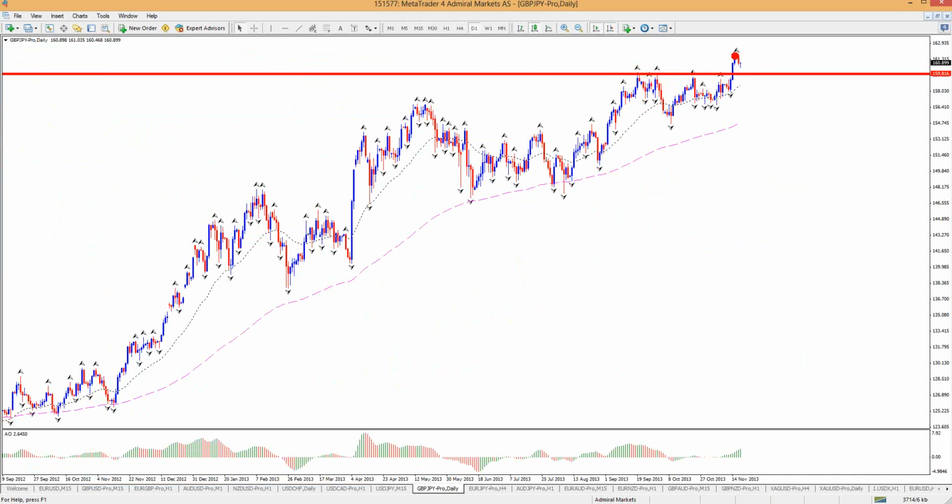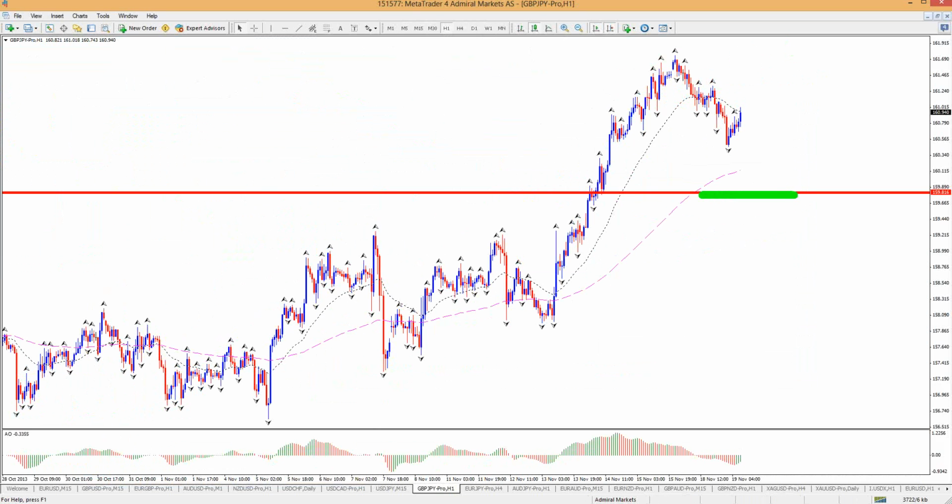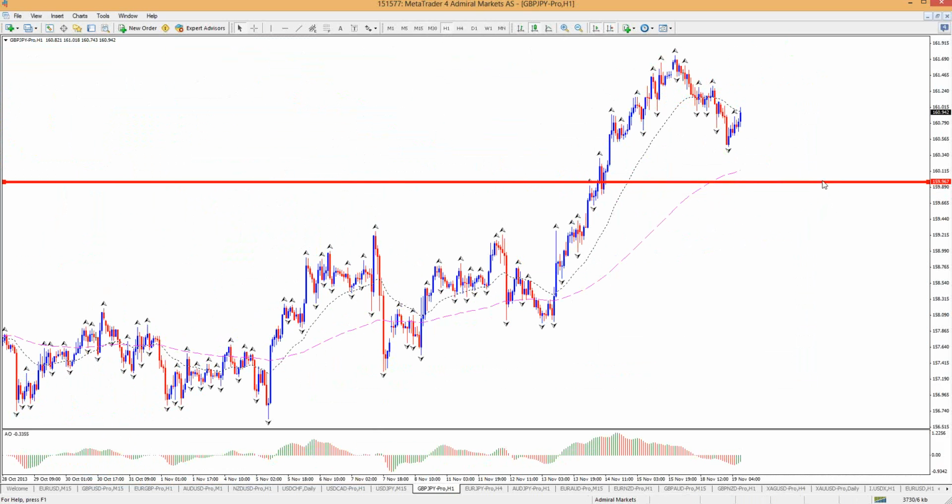So if we hook back to this broken 160, that will obviously be a very strong reason for a bounce if we get that low. We are close, not totally there yet. Broken resistance becomes support, especially at a level like that, is certainly a high probability. So that's the pound yen.